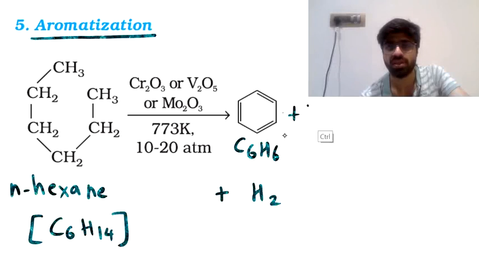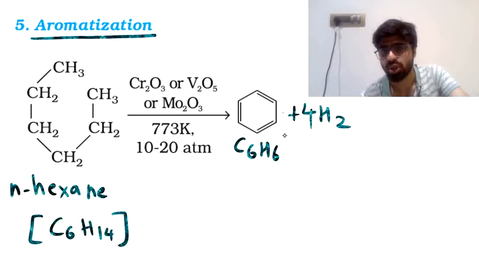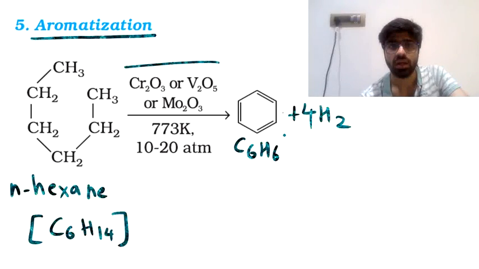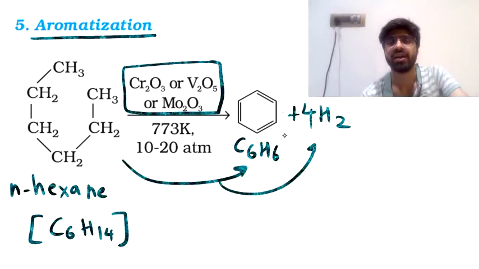And how many H2? There were 8 hydrogen atoms, right? So we can write 4 H2. And that's how we explain this reaction: n-hexane will undergo cyclization in these kind of conditions, that is in the presence of a suitable catalyst and at a high temperature and pressure to form benzene and liberate hydrogen.